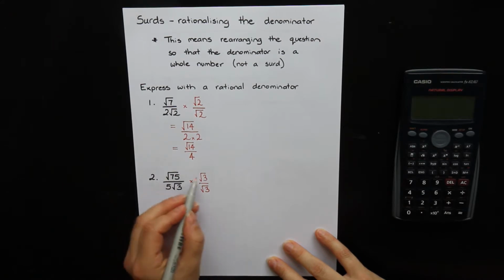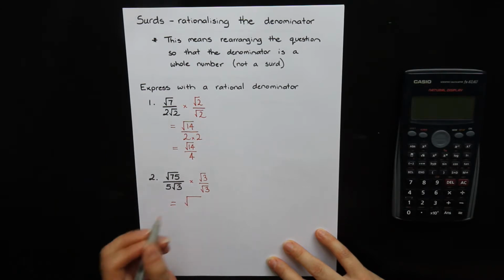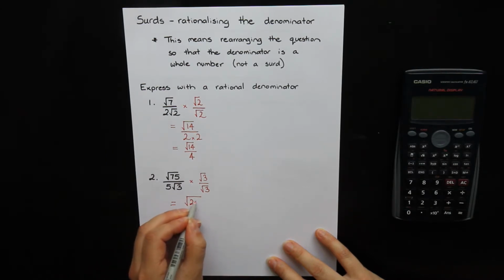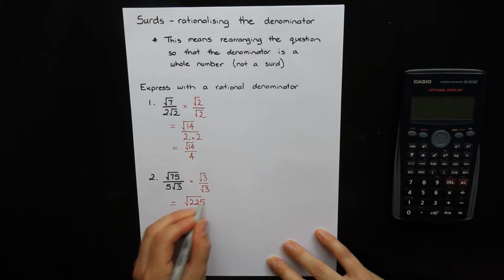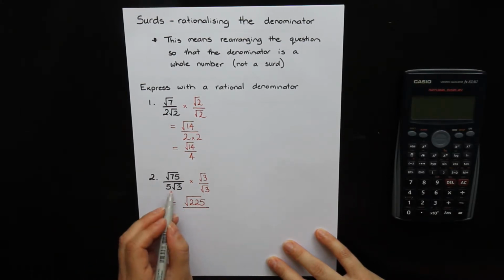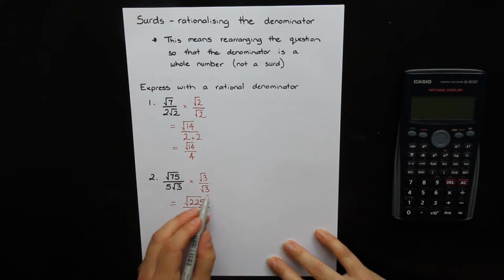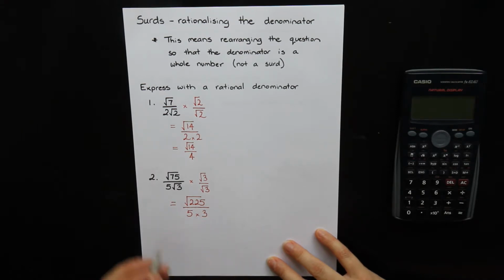So multiplying the tops together, square root of 75 times square root of 3 makes the square root of 225 over, multiplying the bottom together, the 5 is out the front, and root 3 times root 3 makes 3. Okay, collect the bottom up, square root of 225 over 15.